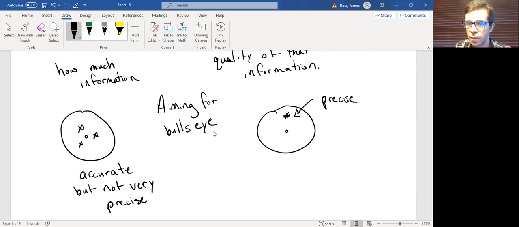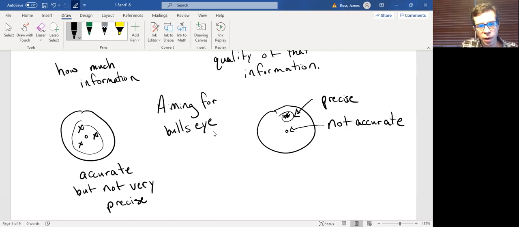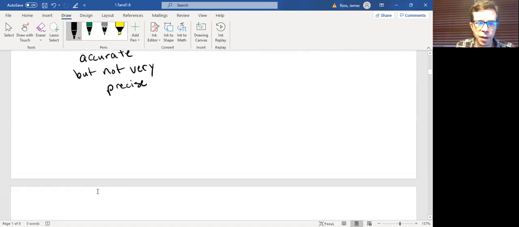They're all right there in the same area, but it's not accurate, because we were trying to get the bullseye. And this one's not very precise because it covers a big area, but they are centered on the bullseye. All right, I think that's enough about precision and accuracy.